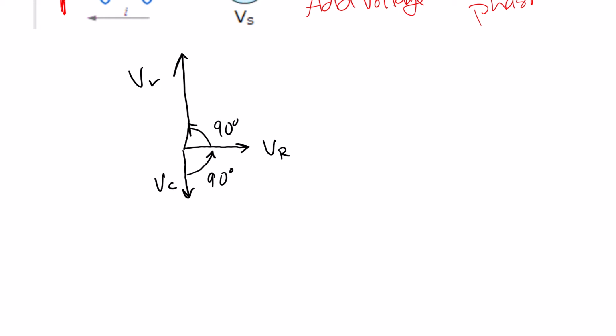So the voltage across the resistor is in phase with the current in the circuit.